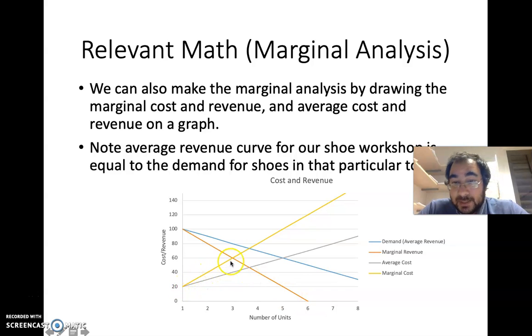This line represents the average cost, basically, of producing one shoe, which is equal to the wage of the worker you pay to produce that shoe. And this line represents the marginal cost of producing that shoe. So the production will be at the level where marginal cost and marginal revenue intersect, which is this point, basically.